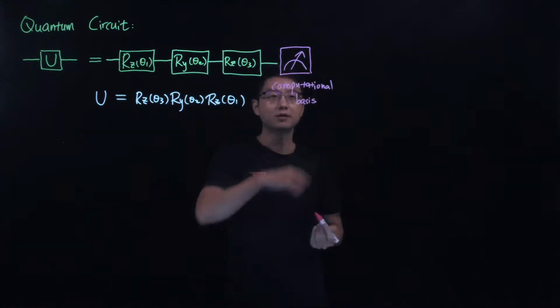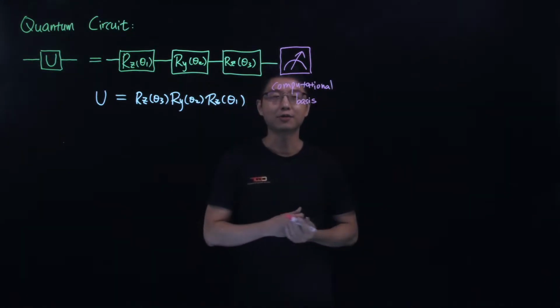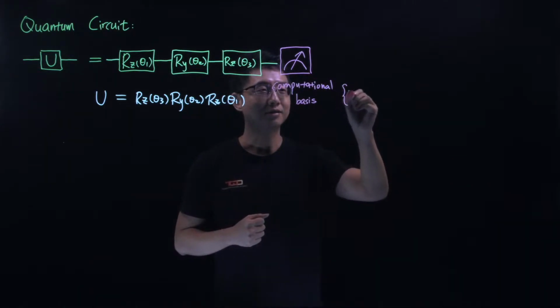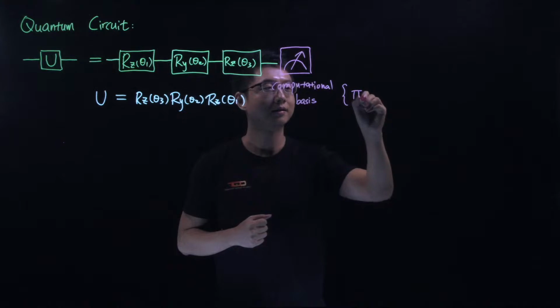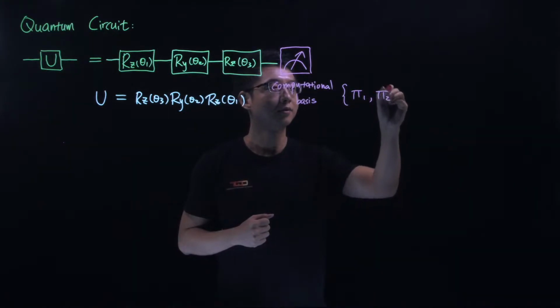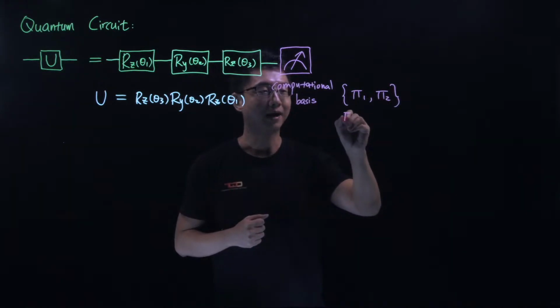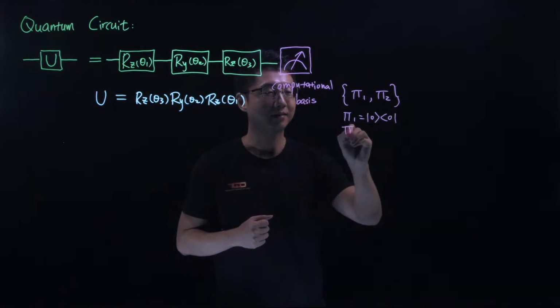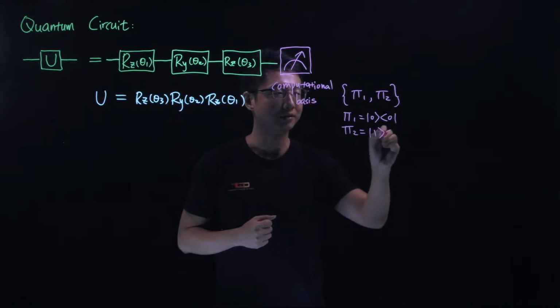And we always assume a projective measurement in a computational basis at the end. That is, this measurement can be expressed as 2 projective operators, where Π1 is given by the projector into the 0 state, and Π2 is given by the projector into the 1 state.